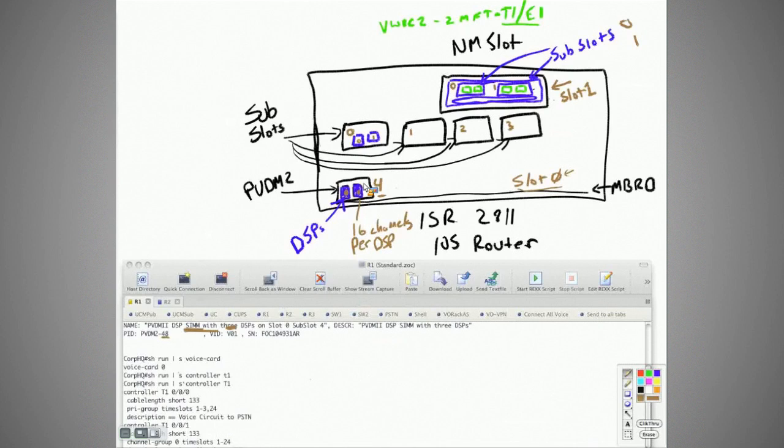Now, within certain DSP farm functions, we can, to some degree, use multiple channels on a DSP. So maybe you only have a PVDM2 32 in your router. So this is 2 DSPs, each with 16 channels. If you begin using one for voice termination, so for a TDM PRI circuit, for instance, then you've locked up that one.